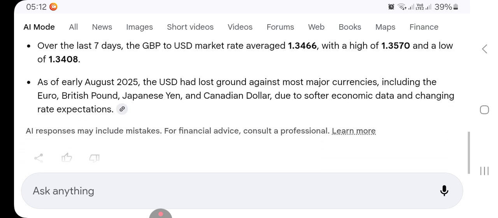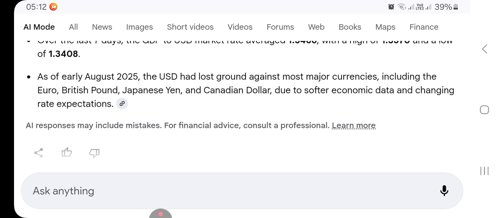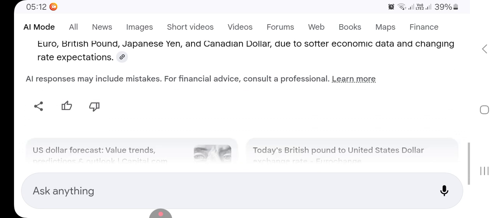As of early August, the US has lost ground against most major currencies, including the euro, British pound, GBP/JPY, and Canadian dollar, due to softer economic data and changing rate expectations.